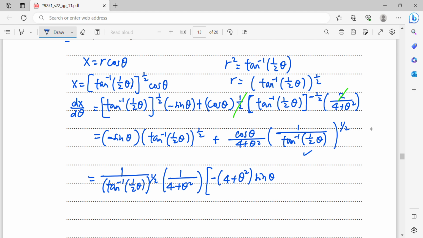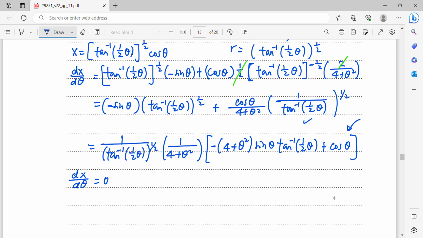Then when you factorize the negative half power from the positive half, you will have inverse tangent half theta. Then the last term will be plus cos theta. Alright, so from here, I will let my dx over d theta be 0 because we need to find the furthest. So when dx over d theta is 0, this whole square bracket will be 0. So I will get minus 4 plus theta squared sine theta inverse tangent half theta, plus cos theta equals 0. Okay, this is what we get now.